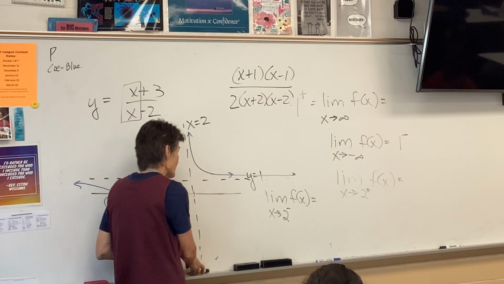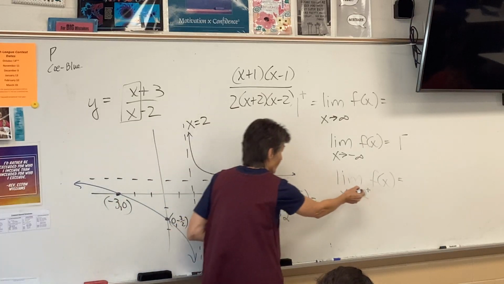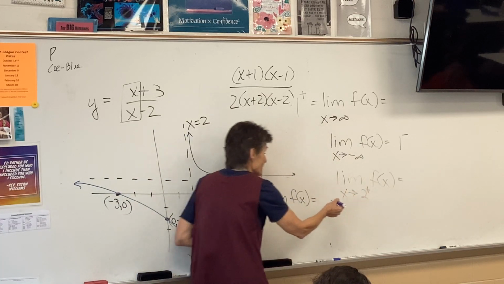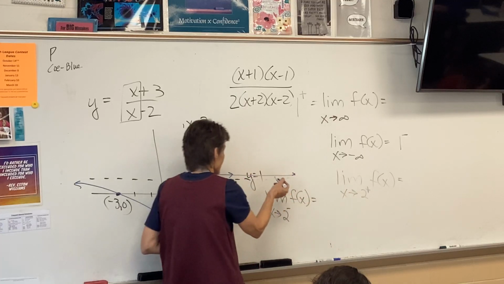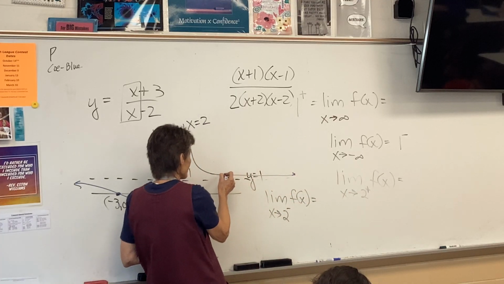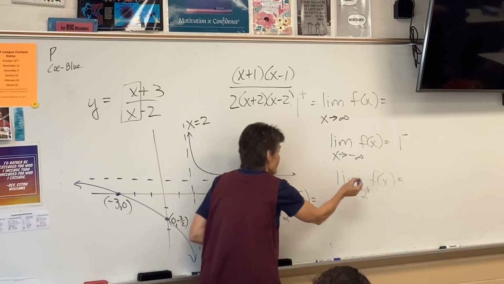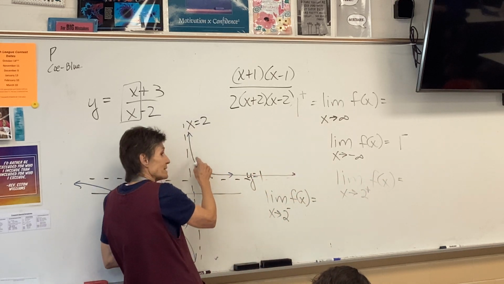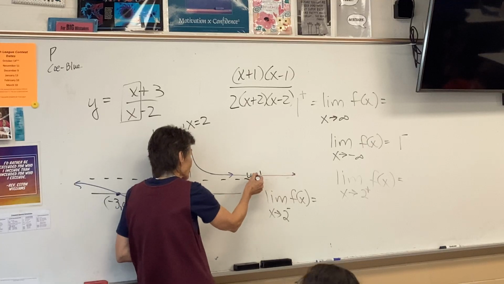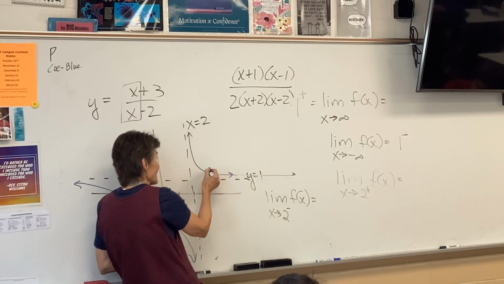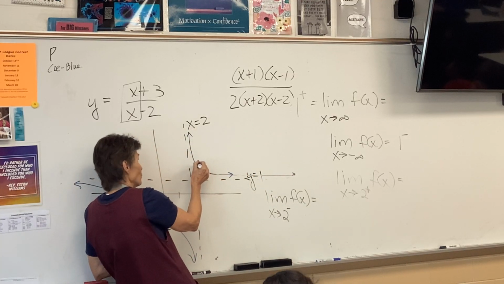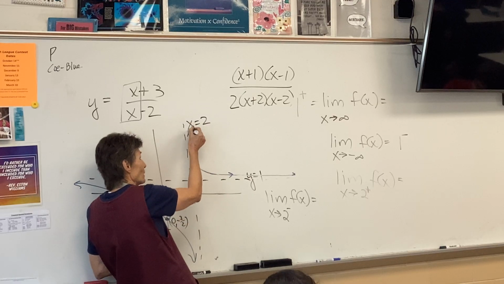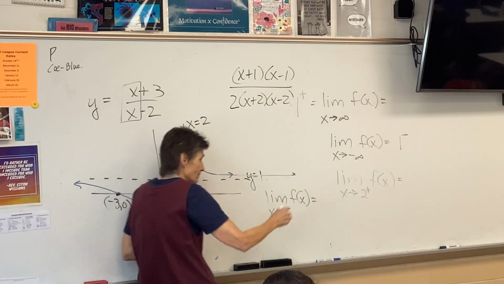This question, the one with the plus sign, is saying what happens as I get closer to 2 from the positive side, so that would be the right side. What is happening to my curve as I get closer to 2 from the right side? Positive infinity.